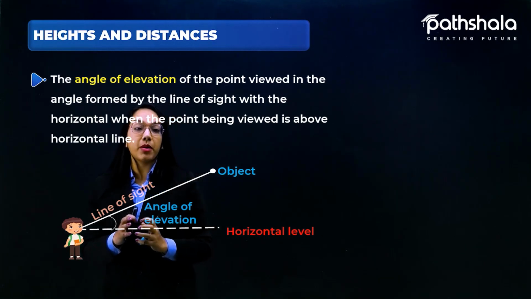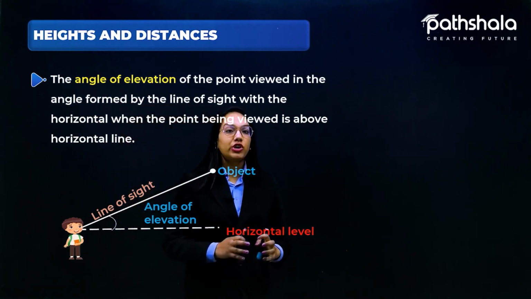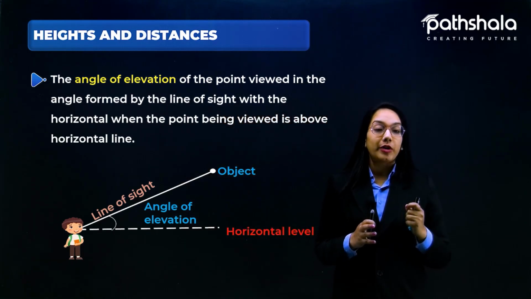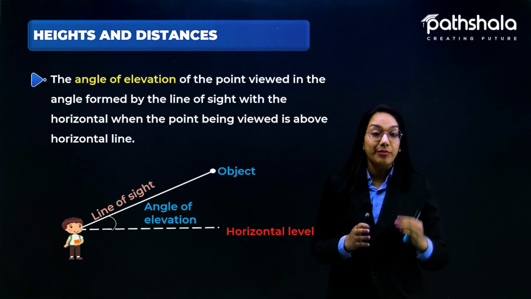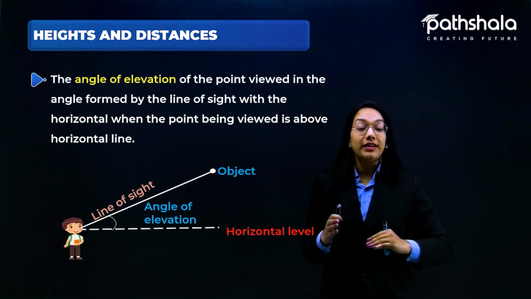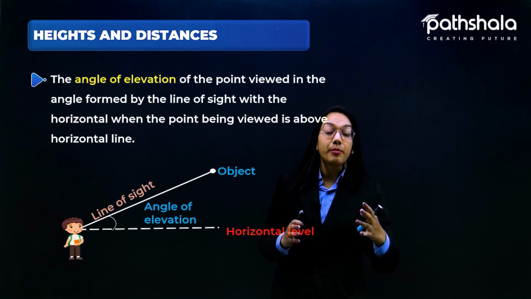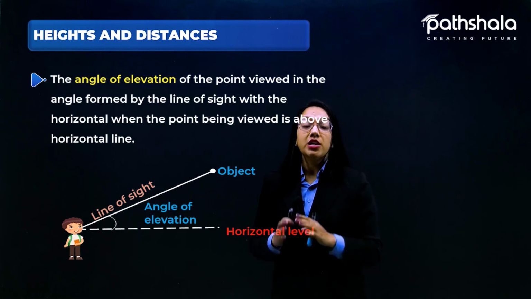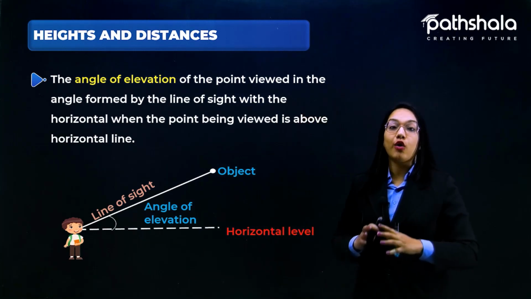Always remember, the angle of elevation is formed between the line of sight and the horizontal level, in such a manner that the point being viewed by the observer is always above the horizontal line. So this is all about the angle of elevation.